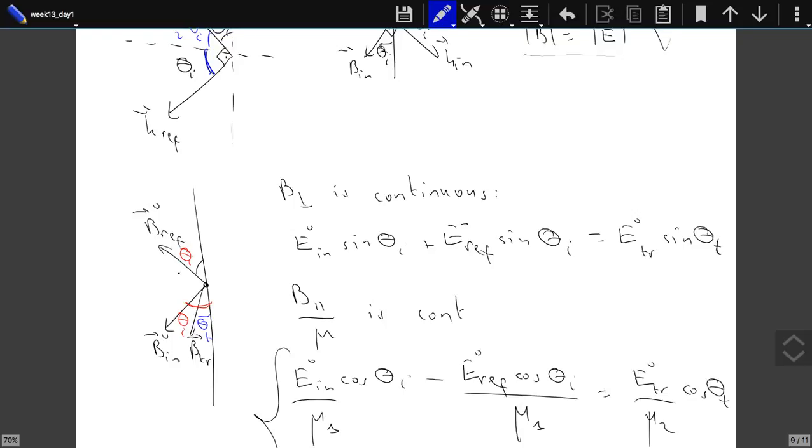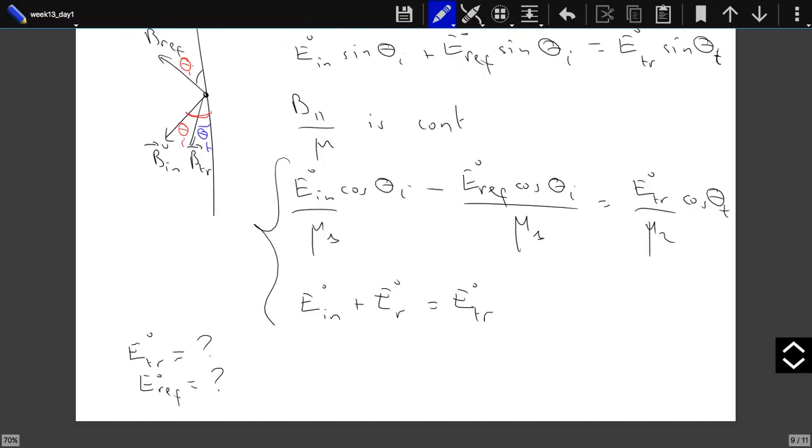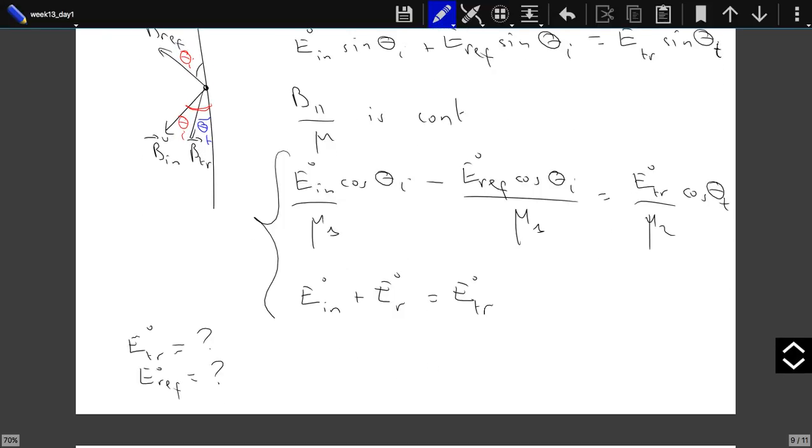B parallel over mu is continuous, but if you write the downward components of B parallel as positive components, then E incident and B reflected has a negative contribution. So this equation is also correct. So we solve the last two equations.